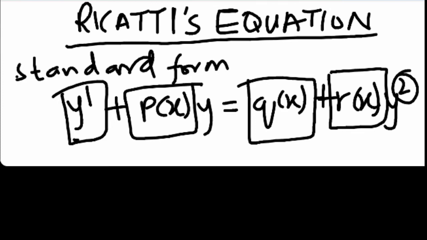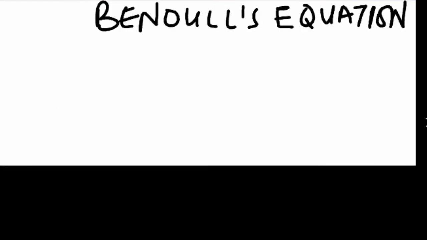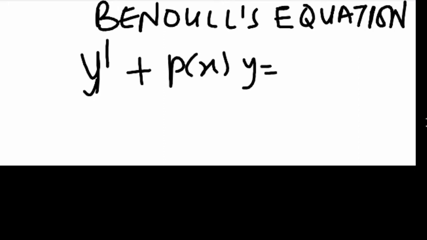So before we move to solving an example, let's also take the standard form of a Bernoulli equation. Bernoulli's equation is of the form y prime, the first derivative of y, plus p(x) y is equal to q(x) y raised to power n.